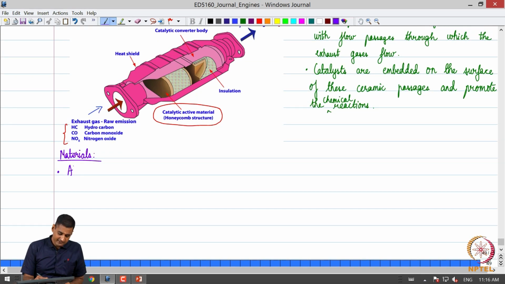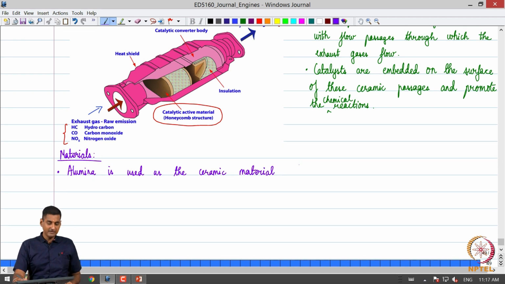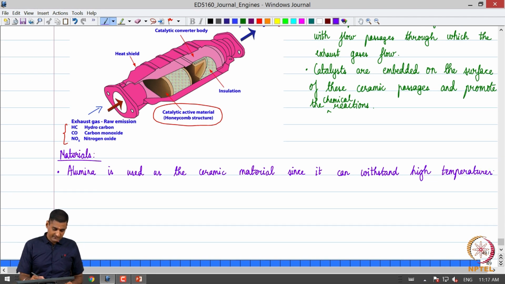Typically alumina is used as the ceramic material for the honeycomb structure, since it can withstand high temperatures and is chemically neutral.